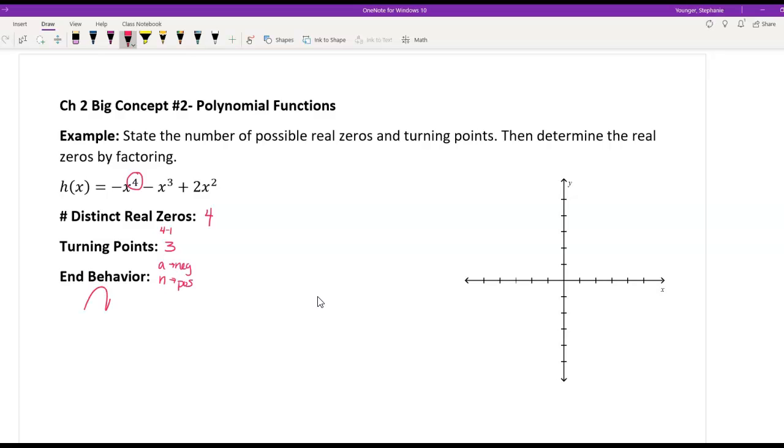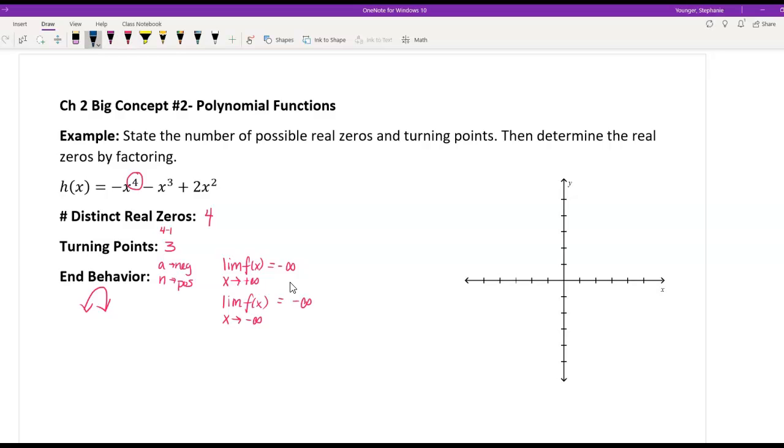That means I'm going to have the frowny face shape, which means my limit of f of x as x approaches positive infinity equals negative infinity. And the limit of f of x as x approaches negative infinity is also negative infinity.